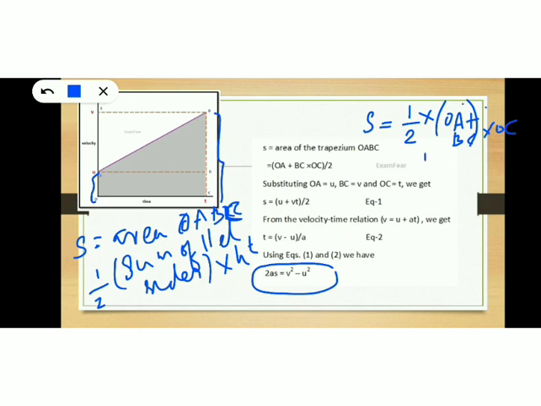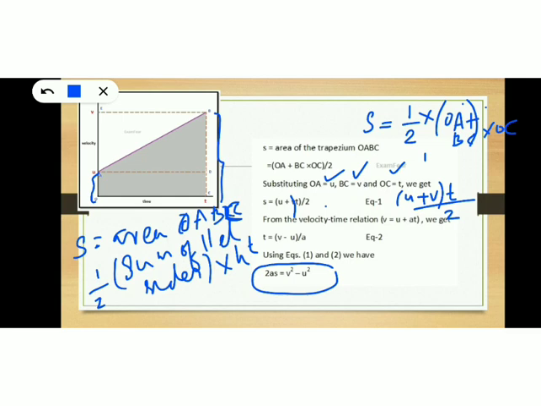Now substitute for OA and BC. OA is u from the graph, BC is v from the graph, and OC is t. So here you will get displacement S is equal to (u plus v) into t by 2, with u plus v in brackets as a whole. Now what is t?